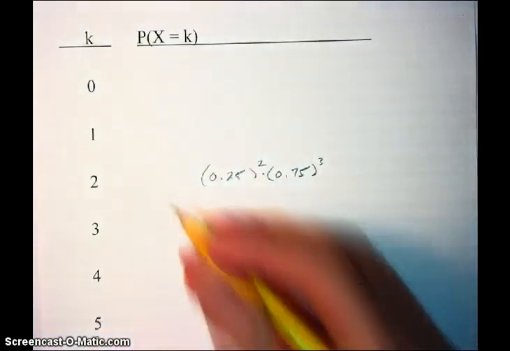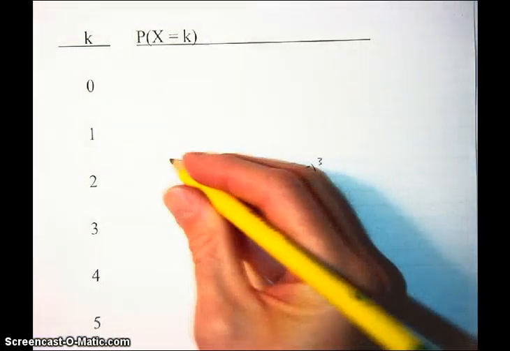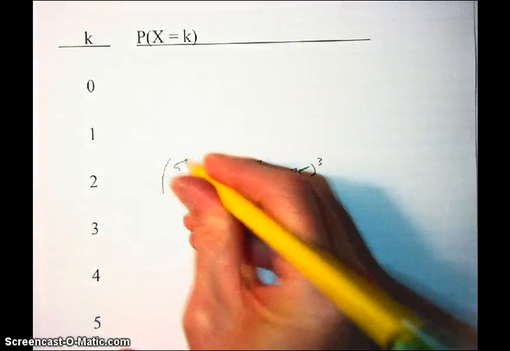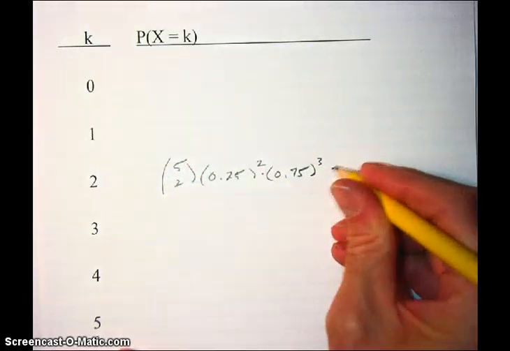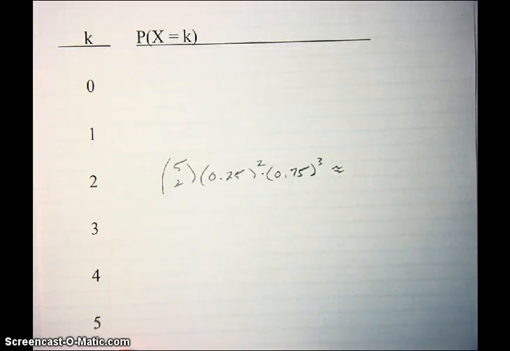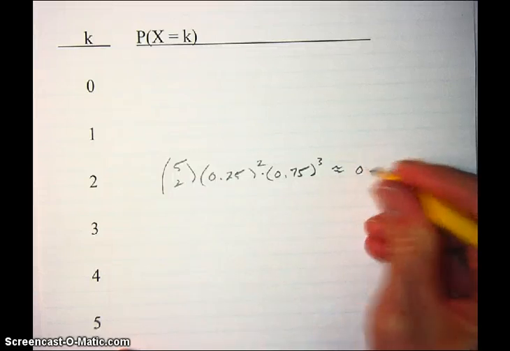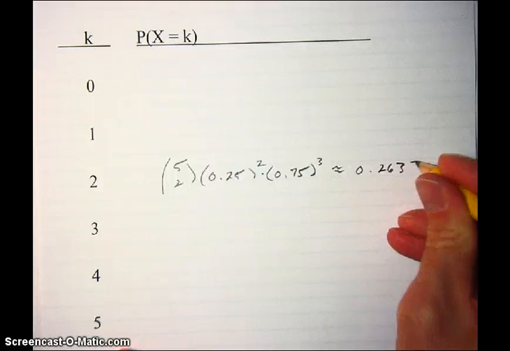Since the 2 successes can come anywhere in the string of 5, there are 5 choose 2 ways that could work out. And you could put that in your calculator, and that would work out to be about 0.2637.